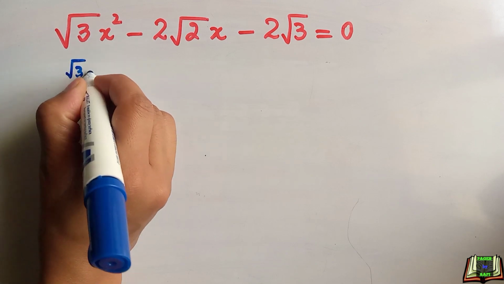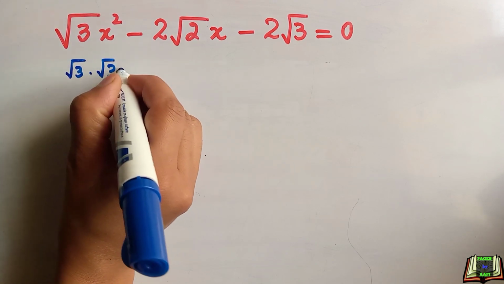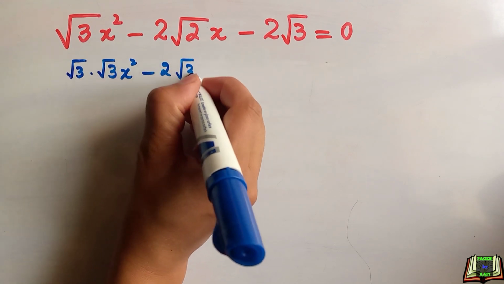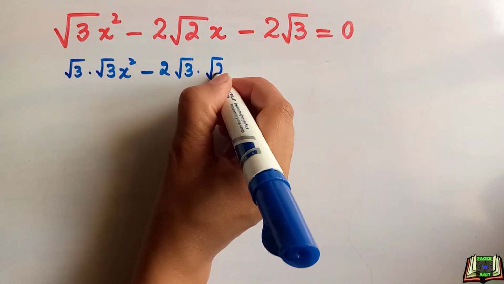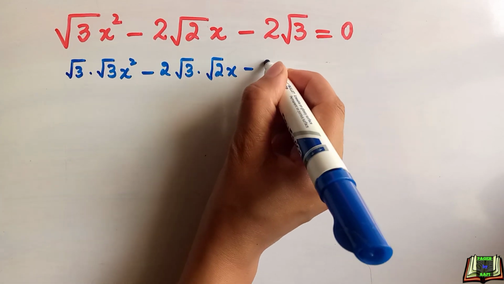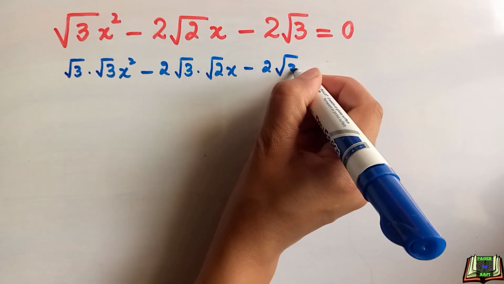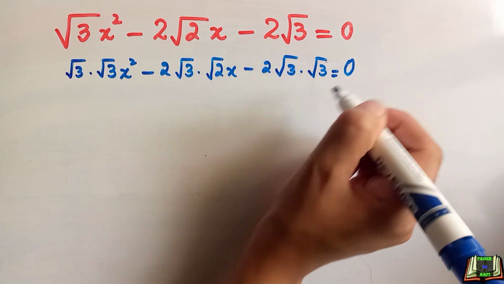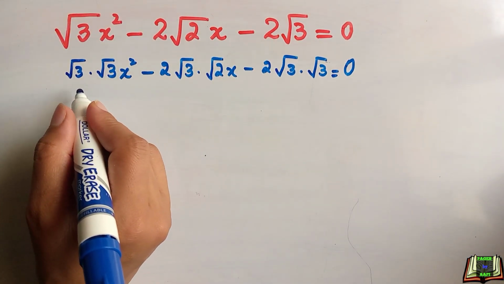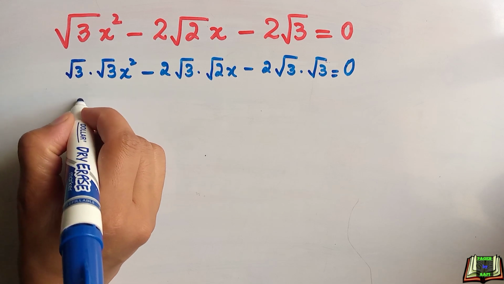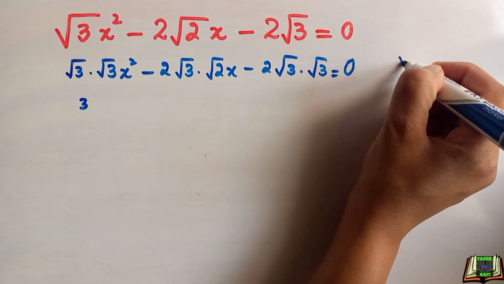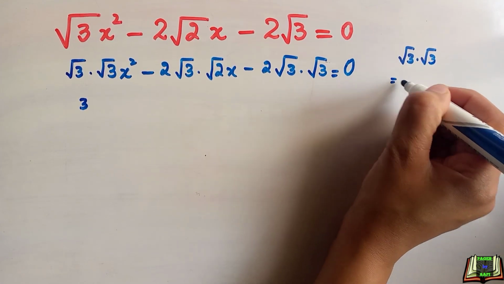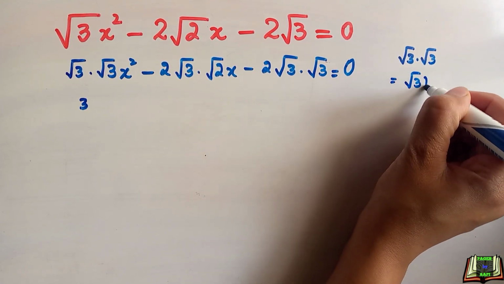In the very first step, we will multiply by root 3 throughout the equation: 3x square minus 2 root 3 times root 2x minus 2 times root 3 times root 3 is equal to 0. This root 3 times root 3 is equal to 3, because root 3 times root 3 is root 3 square, and square and root cancel out.